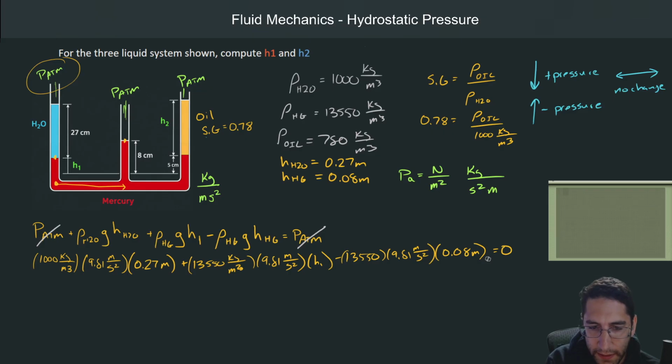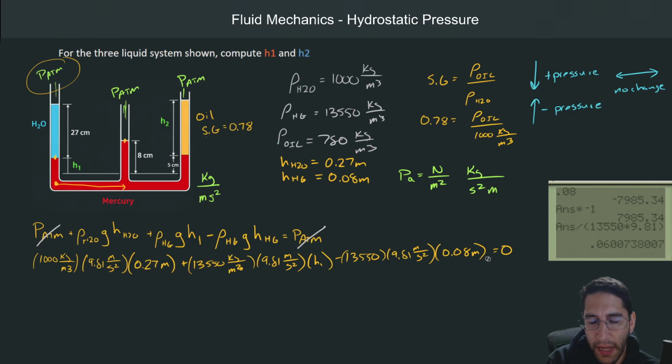We bring it over to the other side of the equation, then divide out the mercury terms and solve for H1.